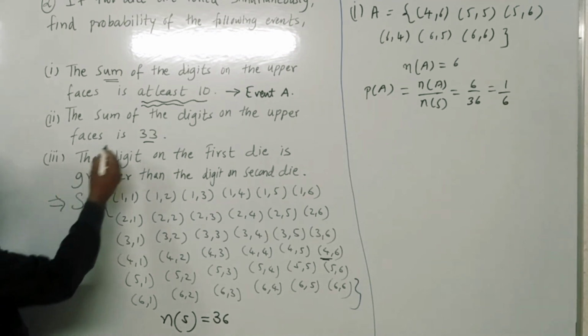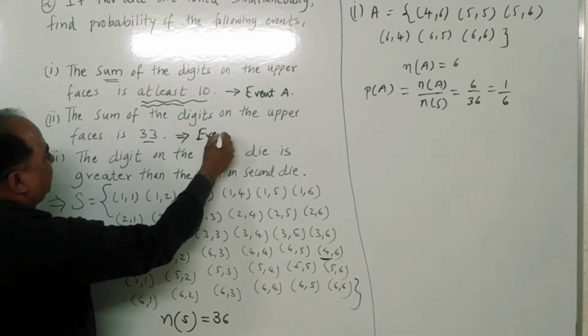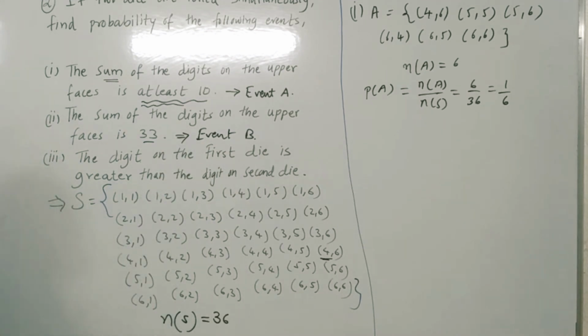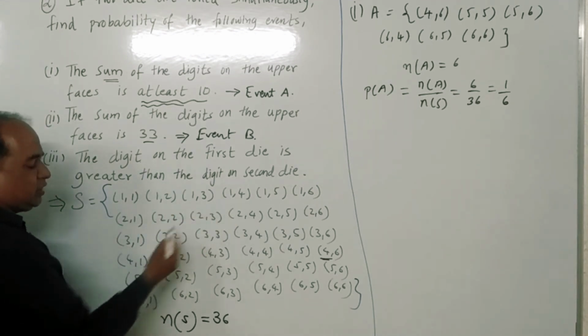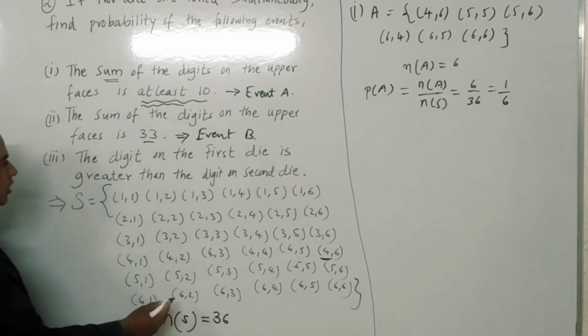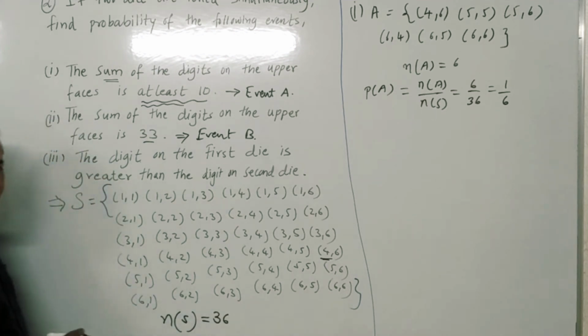Now second, let the event B be the sum of the digits on the uppermost face is 33. Now we'll check each outcome, that is each sample point, for whether the sum of the uppermost faces is 33.